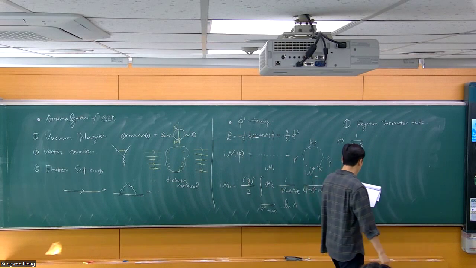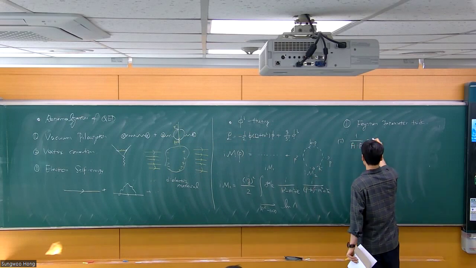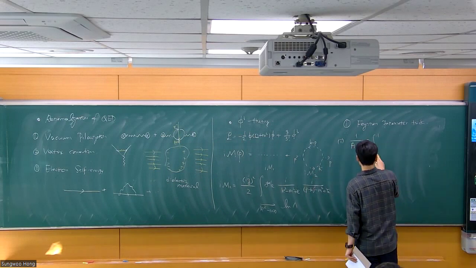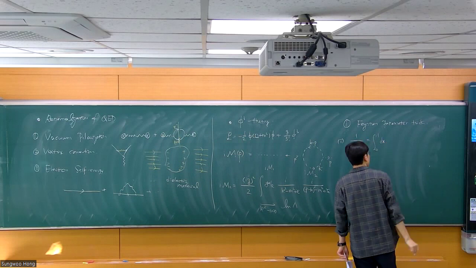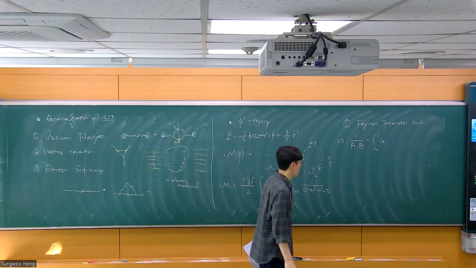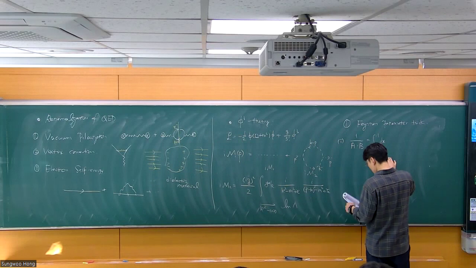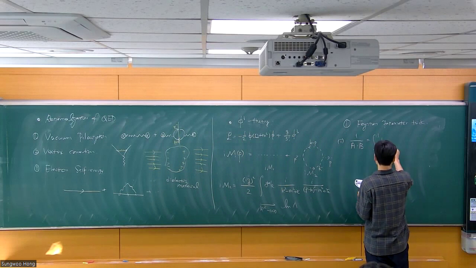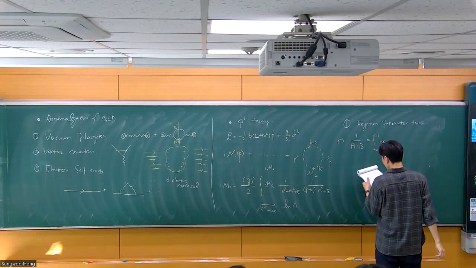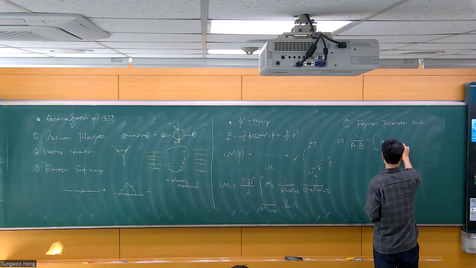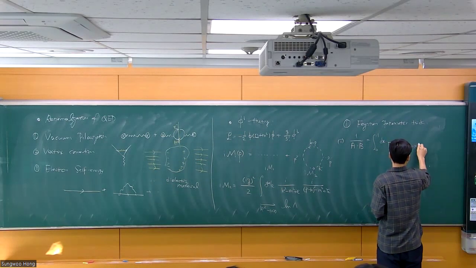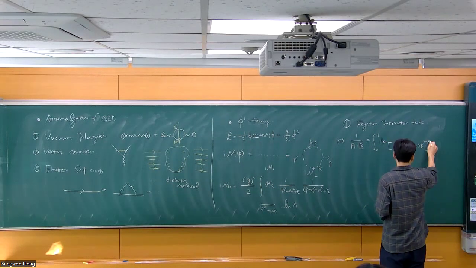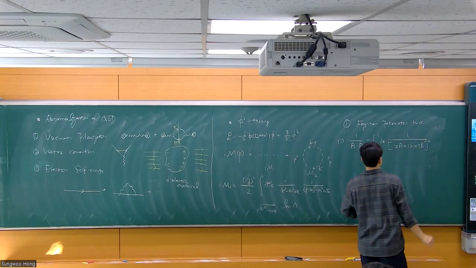And this is the same as the integration from 0 to 1 over some auxiliary parameter x, called the Feynman parameter. This is equal to 1 over [x a plus (1 minus x) b] squared. So it's exactly the same.